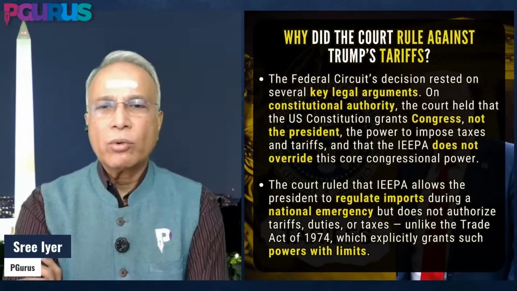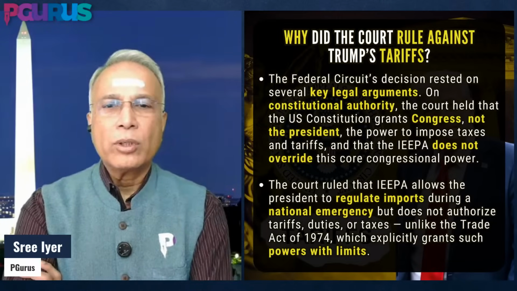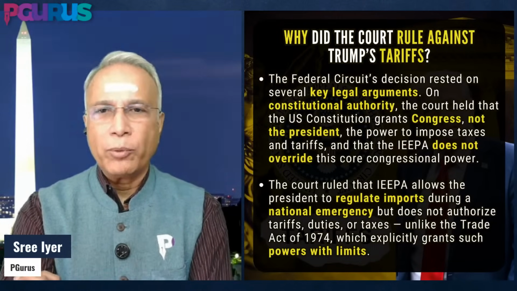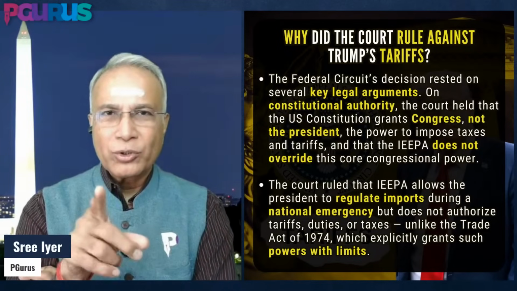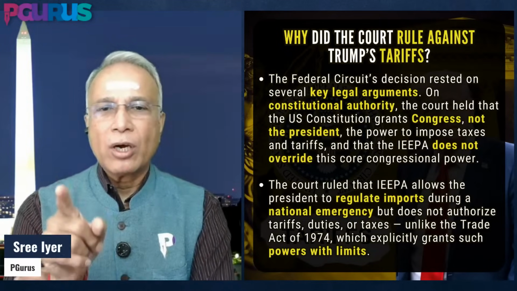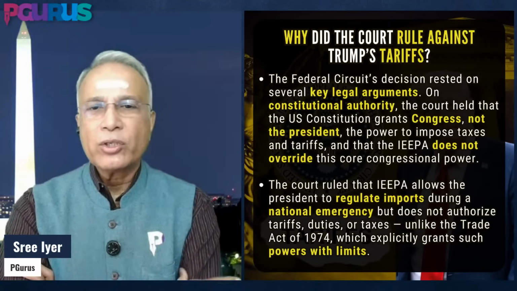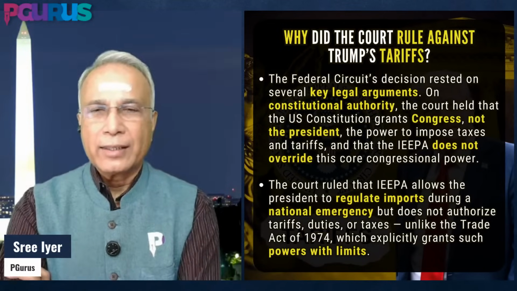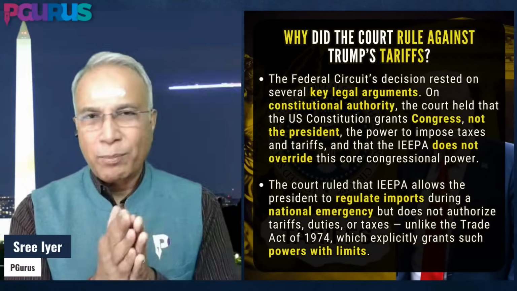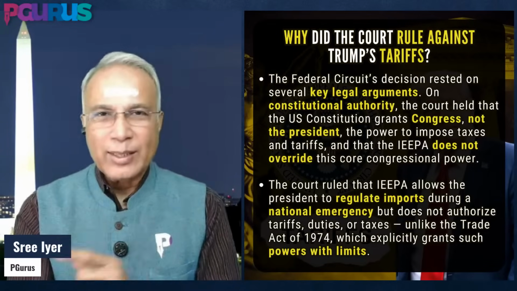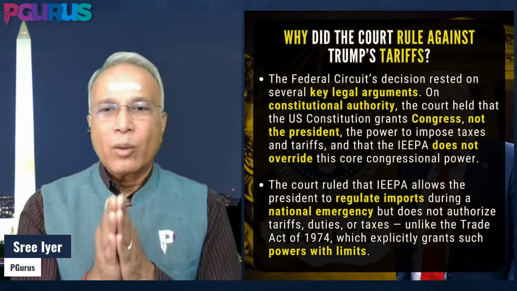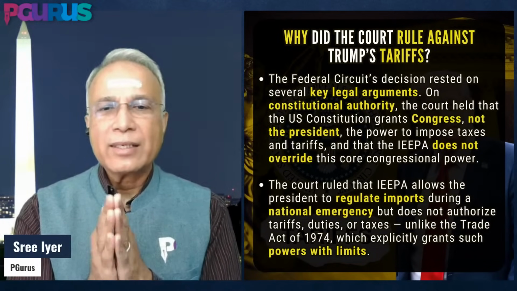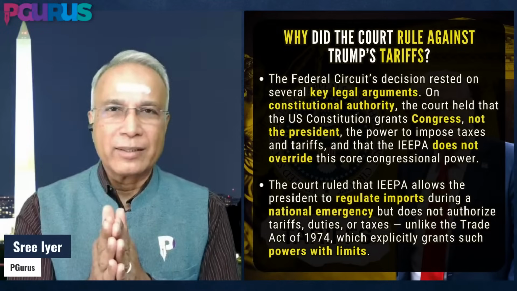Now, the court also ruled that IEEPA allows the president to regulate imports during a national emergency, but does not authorize tariffs, duties, or taxes. And this is according to IEEPA. But there is another act called the Trade Act of 1974, which explicitly grants such powers with limits.